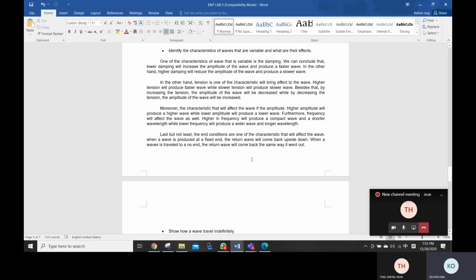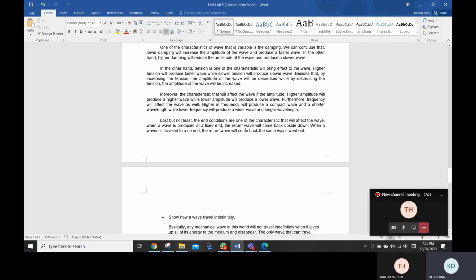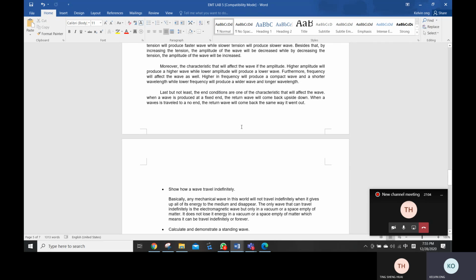Another characteristic that affects the wave is amplitude. When we put in a high amplitude as input, a higher amplitude of wave will be produced. Low amplitude will produce a low amplitude wave. Last but not least, the end condition also affects the wave.